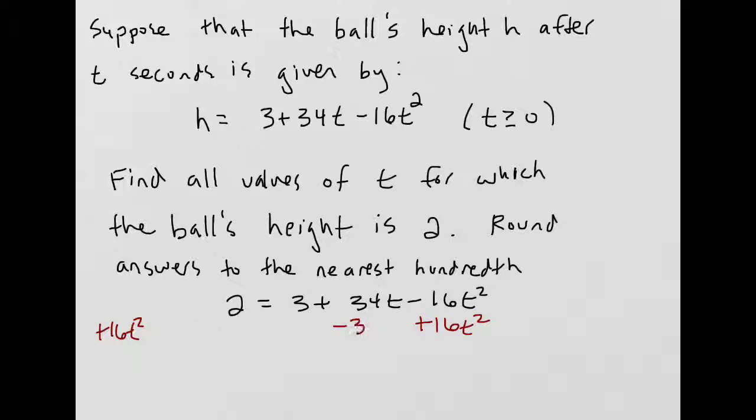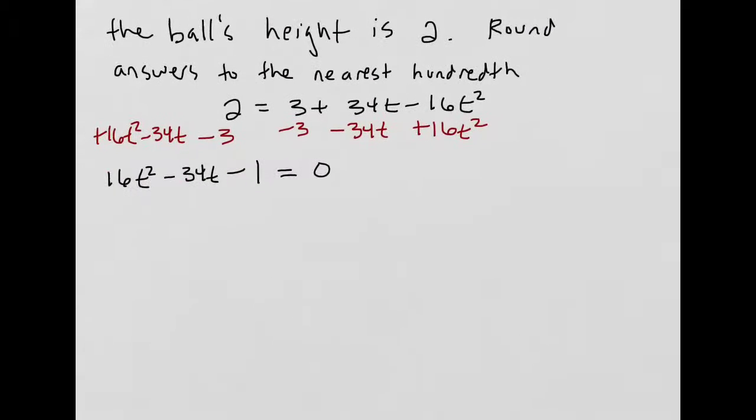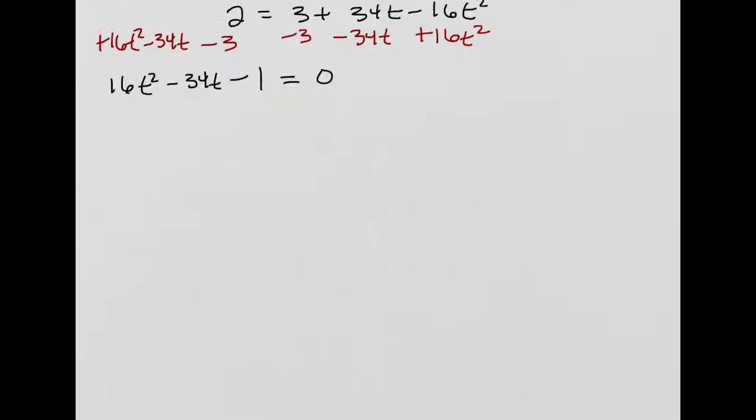I'm going to subtract 34t from both sides. And I'm going to subtract 3 from both sides. So if I do all that, I'm left with 16t squared minus 34t. And then 2 minus 3, those are like terms, that's just negative 1, equals, on the right side I have 0. And now this is all set up for me to use the quadratic formula.